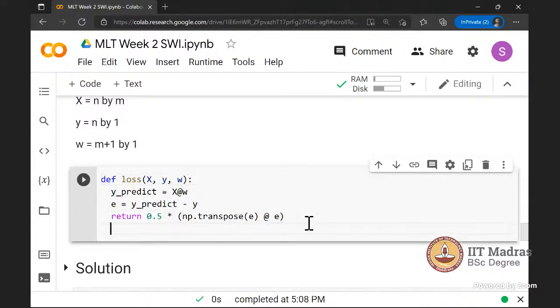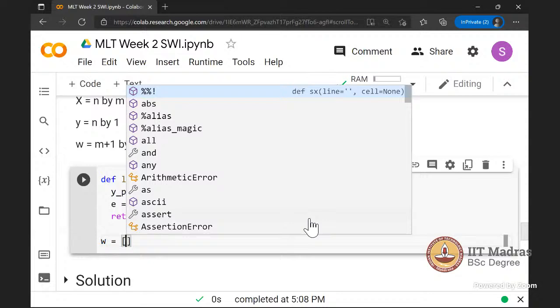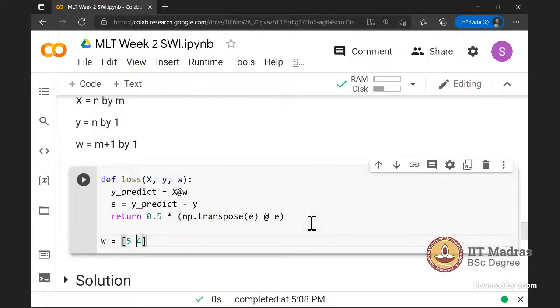Let's do this. Let's create a random model. Let W be equal to, we already know 3, 4 is the solution, or 4, 3. So let's create 5, 4. Our intercept value is 5 and W1 is 4. So we have a model.